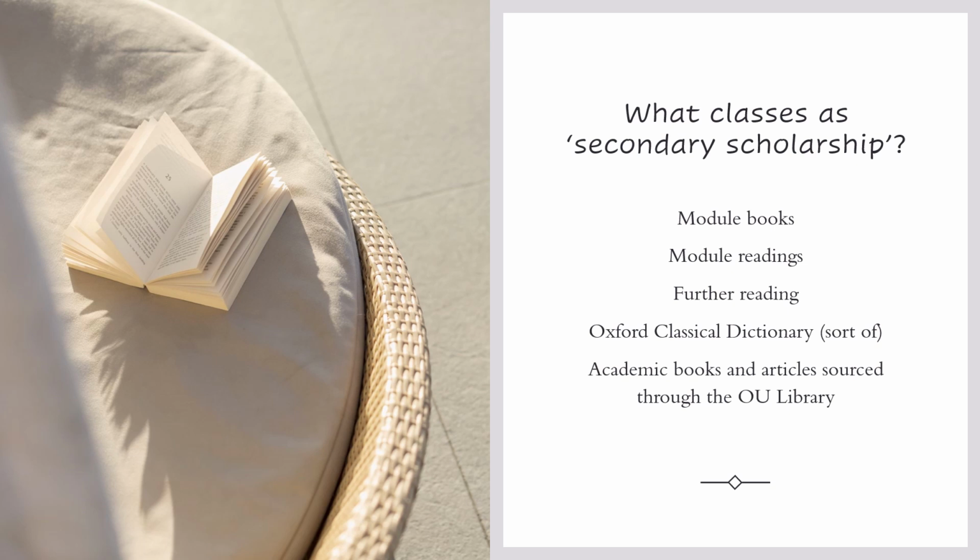Academic books and articles that you source through the OU library, these are good examples of secondary scholarship. So if you're an Open University student, restricting your search patterns to the Open University library will help you to dodge some of the most common problems.